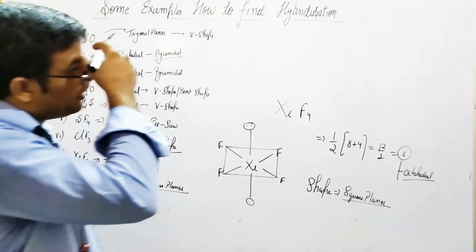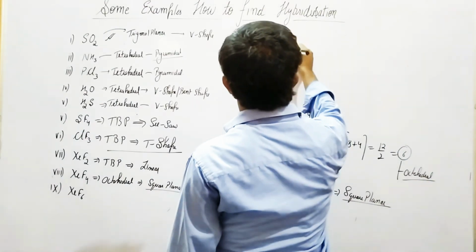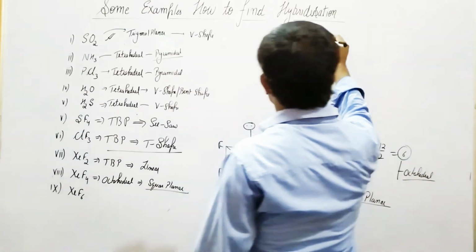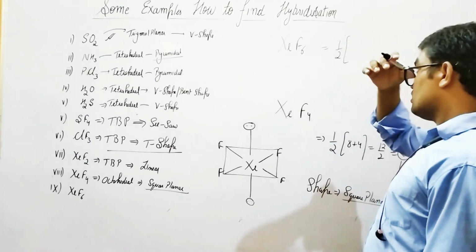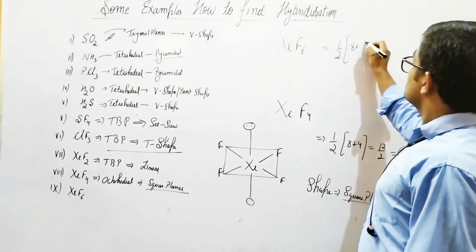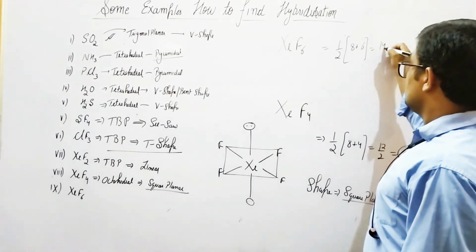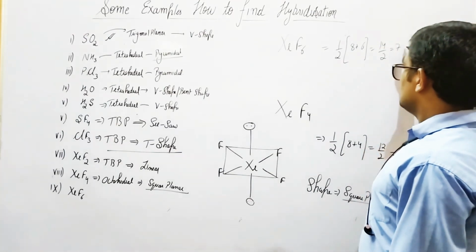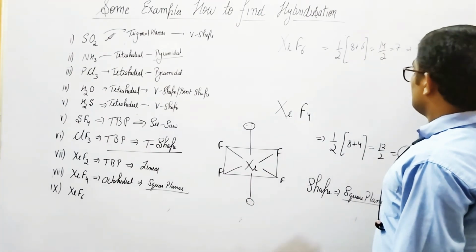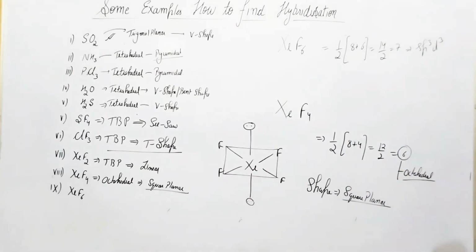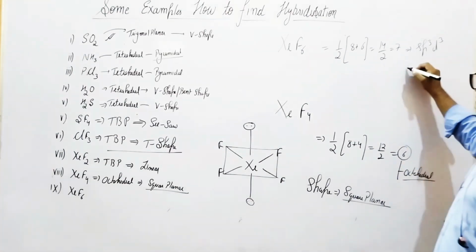If we try to find out XeF6, again half of the 8 valence electrons of xenon plus 6, and it comes out to be 14. 14 by 2 is 7, that is sp3d3, and we know it is pentagonal bipyramidal.